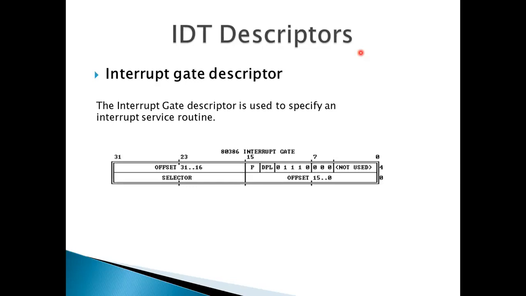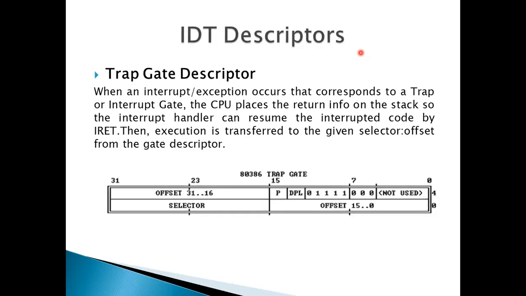It maintains the information with the help of the interrupt gate descriptor. So apart from the segment and apart from our trap gate, this information we need to maintain more specifically as part of the interrupt descriptor, or interrupt gate descriptor.